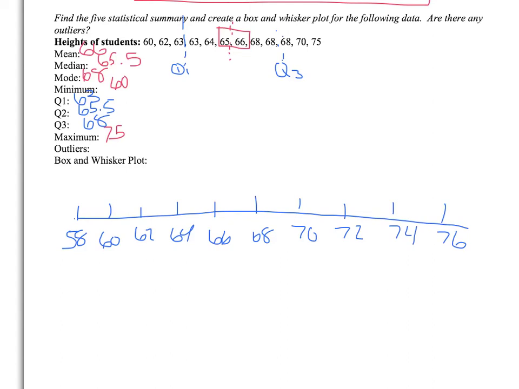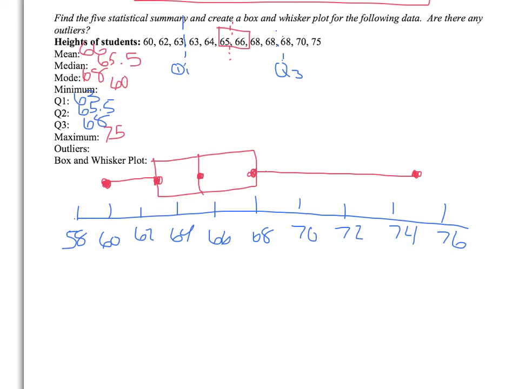You're going to put a dot at your minimum, a dot at your first quartile, at your median 65.5, at your third quartile, and at your maximum, which are your 5 statistical summary. You're going to draw a box around Q1 and Q3, whiskers out to your max and your min, and a line down for your median. That's your box and whisker plot.